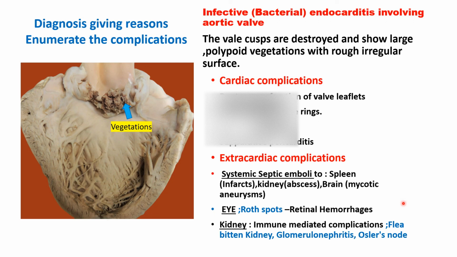In the kidney, you may get flea-bitten kidney. Very important. The kidney may show a flea-bitten appearance, so the capsular surface shows hemorrhages and petechiae. There may be segmental glomerulonephritis, and on the fingers there may be painful elevated nodes, what are known as Osler's nodes. So all these are important MCQ points in relation to infective endocarditis.